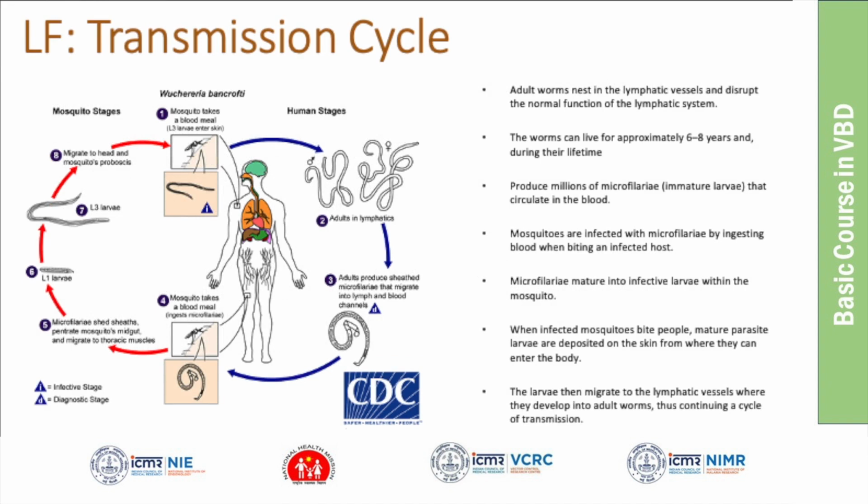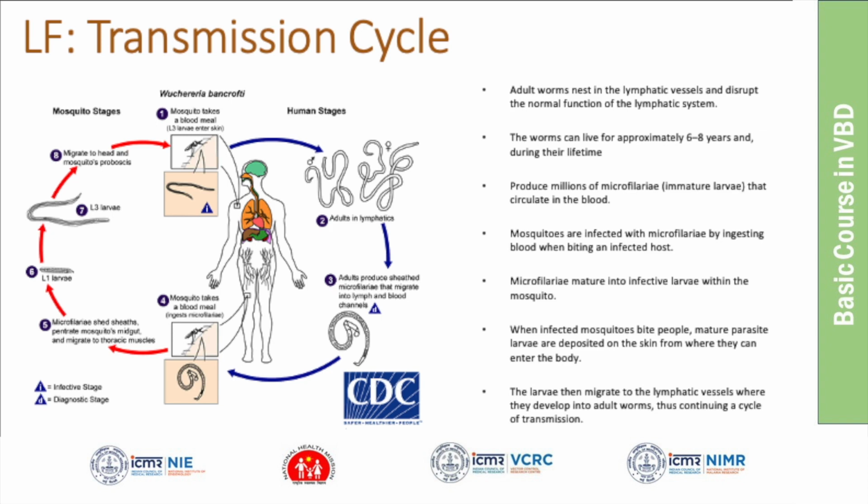And this is the transmission cycle taken from the CDC Atlanta. I want to make a small mention about the transmission cycle. The adult worms reside in the lymphatic vessels and glands and disrupt the normal function of the lymphatic system.